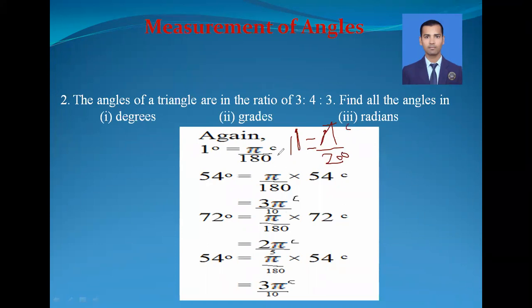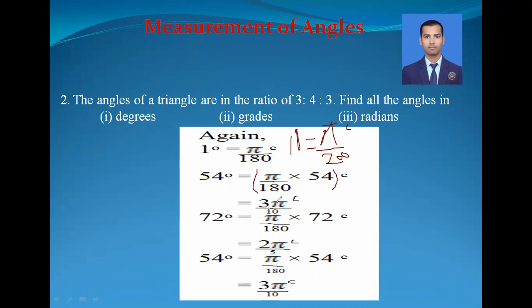On the conversion of grade into radian, we have an easy way, because we have found the degrees, so we use the easy method of converting degrees into radian. 1 degree is equal to pi by 180 radian. That's why 54 degree is equal to pi by 180 into 54 radian.